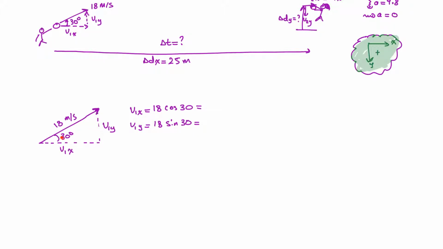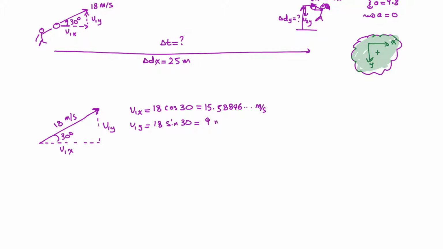So this one is opposite, we're going to use sine. This one is adjacent to the angle, so we're going to use cos. Using my calculator, v1x ends up being 15.588, and it's going to continue on, so I'll just round the last digit, and 18 sine 30 is going to be 9. And the units for these are meters per second.